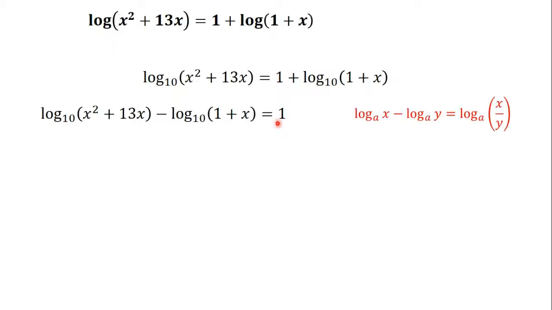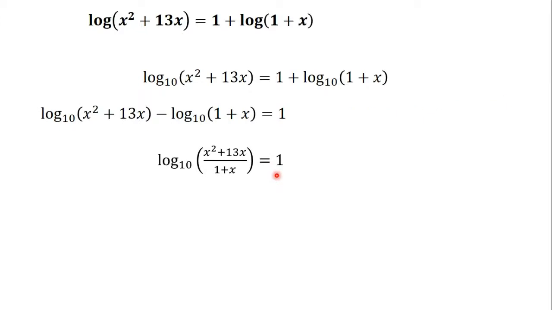We have learned from the properties of logarithm that log x base a minus log y base a is equal to log of x divided by y base a. So if we apply this law here, we are going to have log of x squared plus 13x divided by 1 plus x base 10 is equal to 1. So we divide the logarithm numbers just as we have here.